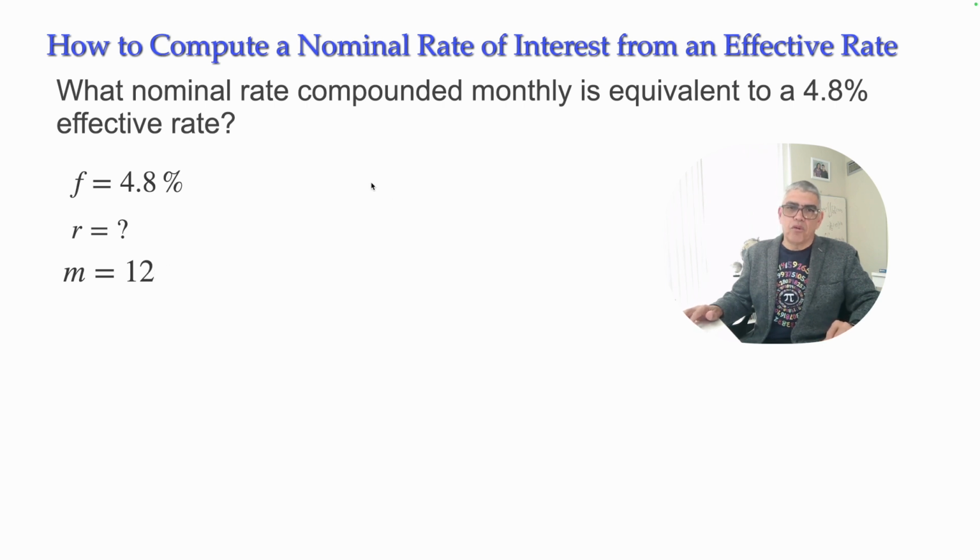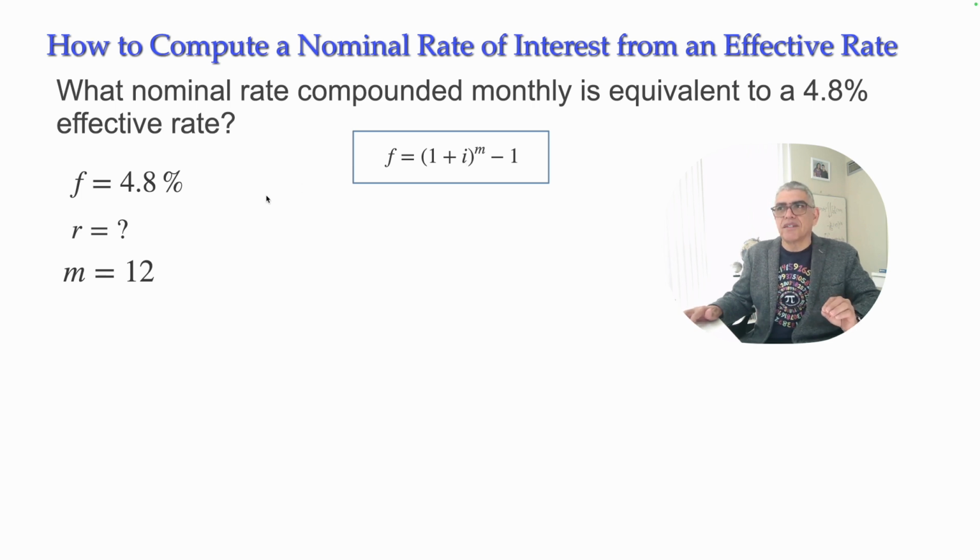And we know that the formula of effective rate of interest is F equals (1 plus I) to the power M minus 1, where M is the number of compounded periods for this I. This I is the periodic rate of interest, that is the nominal rate of interest divided by the number of compounded periods, in this case divided by 12. So we can make a substitution.